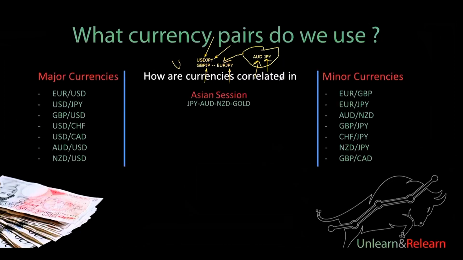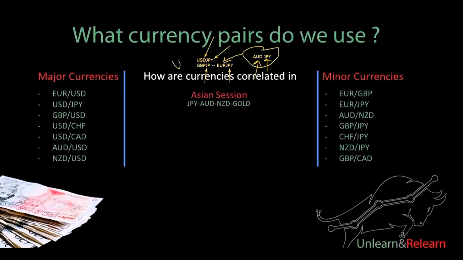Whenever you're looking at a market session, you want to choose a pair that's only influenced by just one currency, which is why my main objective in the Asian session is to only focus on either the pound yen, the euro yen, or the USD yen, because I know these pairs are only influenced by just one currency. I'm not going to look at AUD JPY because in the Asian session it's influenced by the Australian dollar and the Japanese yen, so it would make no sense.